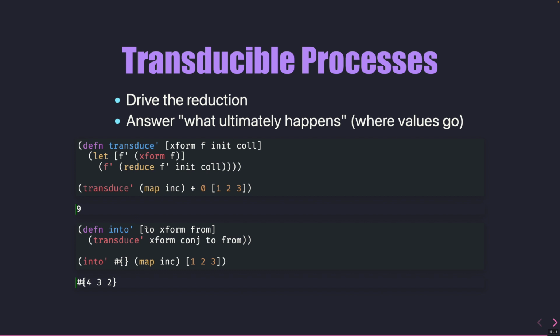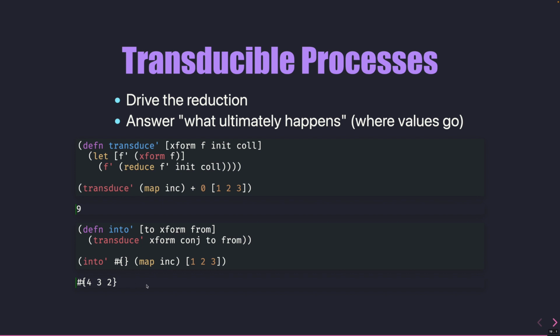And we know that into in its three-arity form takes a collection to add the values to, a transducer to transform them along the way, and somewhere to get them from, right? And all we do here is we call transduce, passing along all the same arguments, but the reducing function in this case is conj. And here we can prove that this works exactly like you would expect.